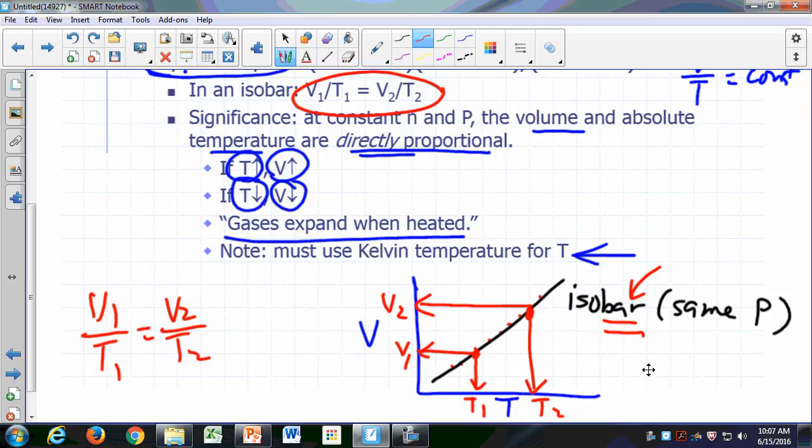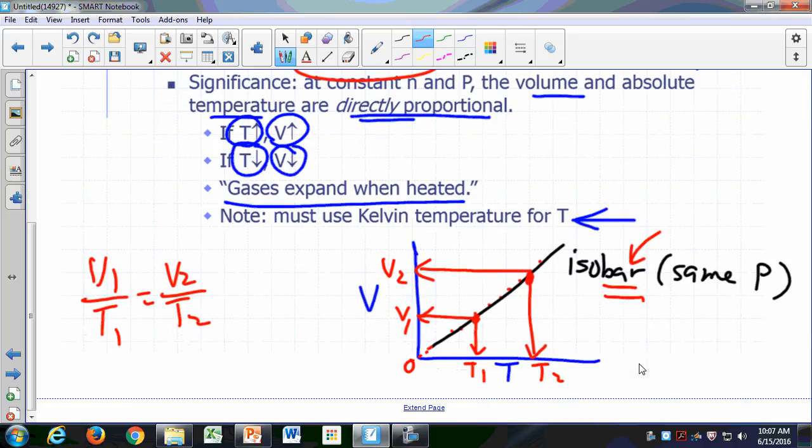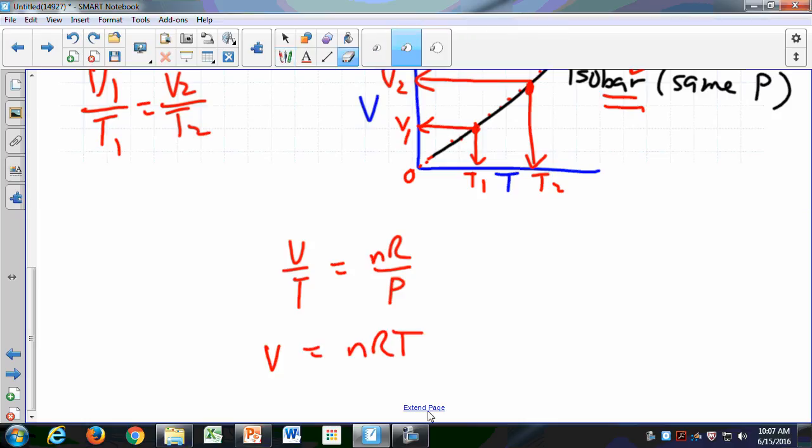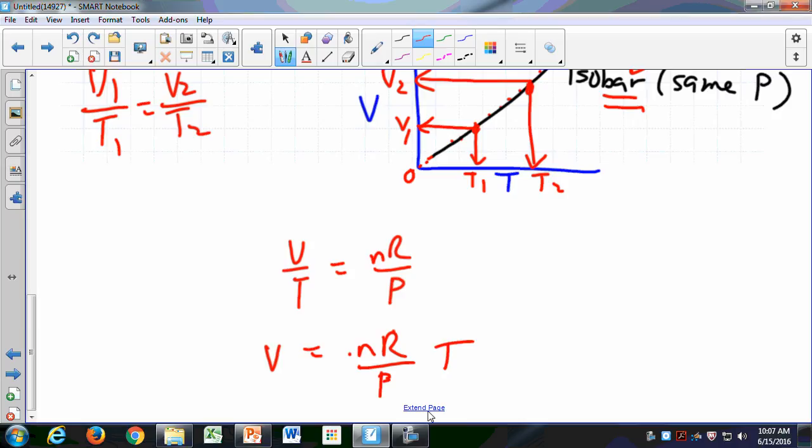What would be your y-intercept here? It's going to be 0. Why 0? Because here you say V over T is equal to nR over P, right? Let me rewrite it this way: multiply both sides by T. Look at this equation right here.